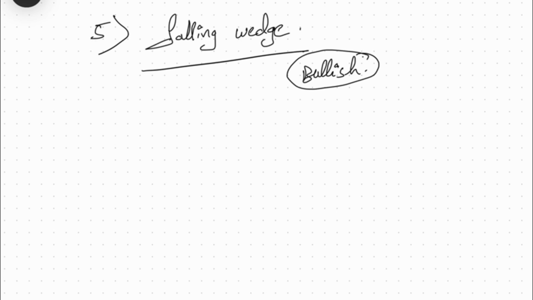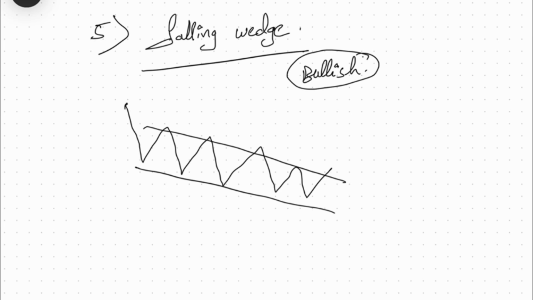Price will fall like this, then it breaks here. That means it is breaking the trend. It is breaking the downtrend, and it is moving upwards. This is called falling wedge.